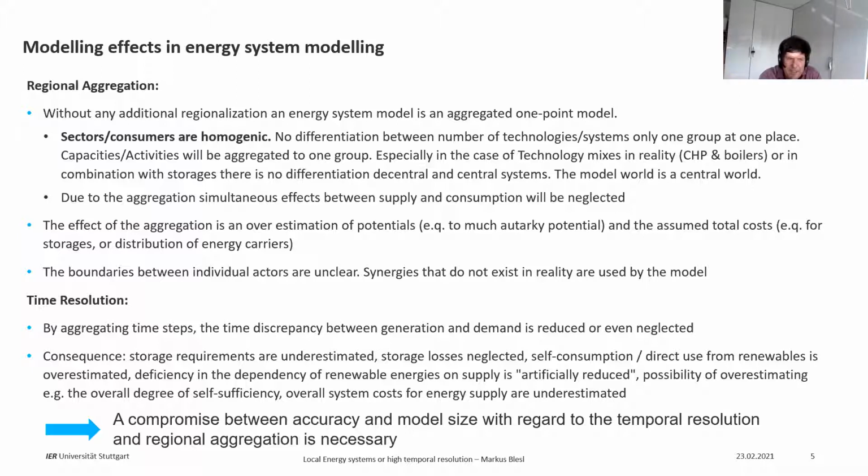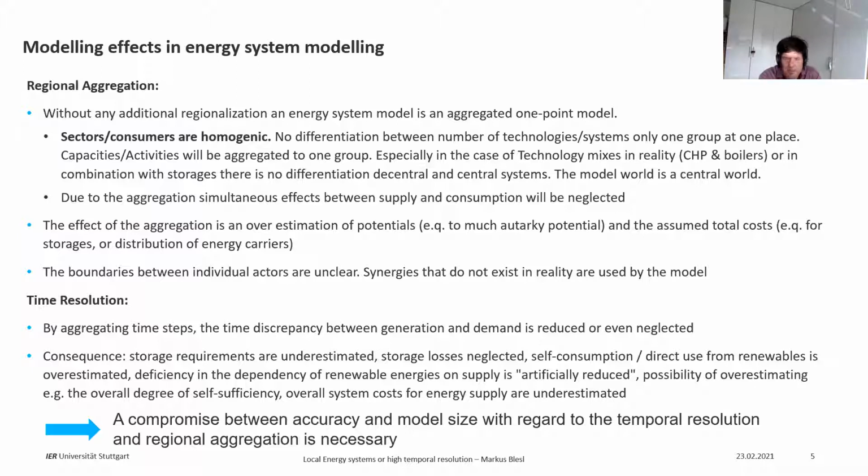The consequence on this side is also that the storage requirements are underestimated, and also things like storage losses, self-consumption, and so on are not really taken into account.